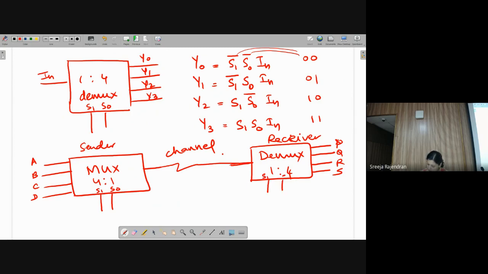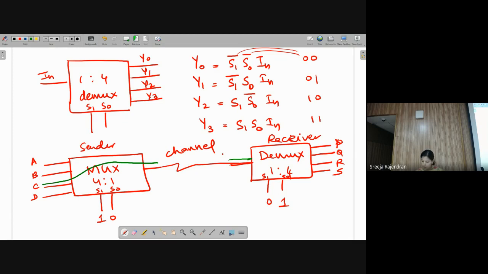Here again I have 2 select lines, S1, S0. Now if this is 1, 0 and this is 0, 1. If this is 1, 0, which input will be selected on the mux to be given to the output line? C. So C is selected. That comes onto the output line and it is transmitted over the transmission channel. And at the receiver end, if the select combination is 0, 1, this data from the input line will be transmitted to which line?